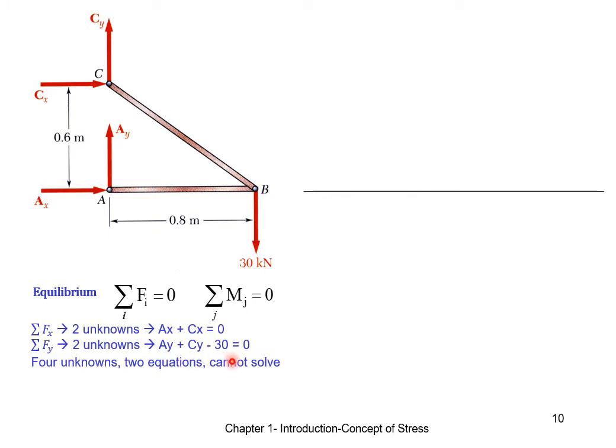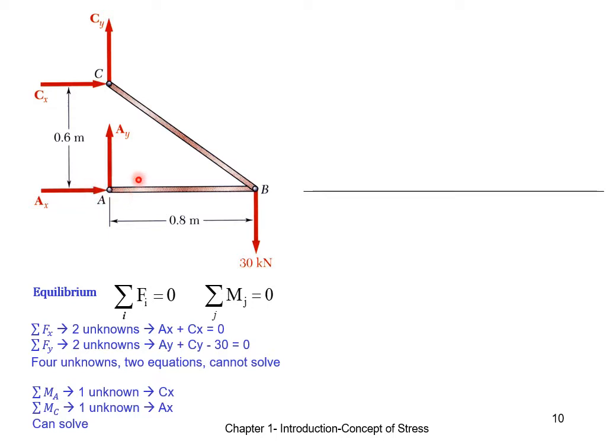There are 4 unknowns and only 2 equations. As such, we cannot solve. So now we move on to the summation of moments. The intention is to find an equation that we can solve directly or solve simultaneously for the unknowns. For the summation of moments about A, we only have one unknown, which is Cx.